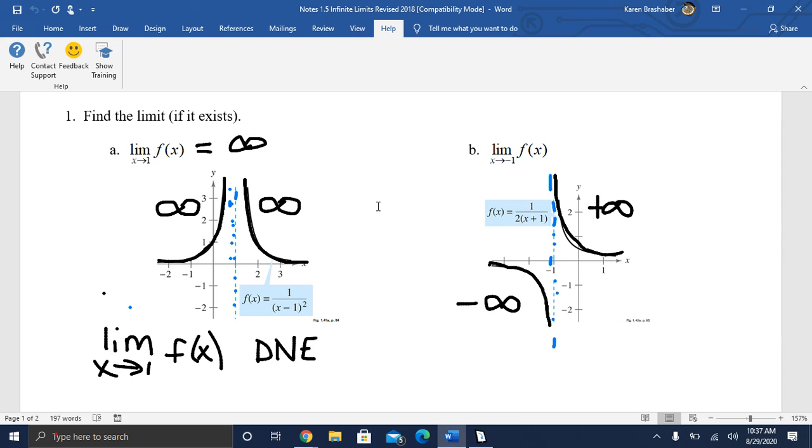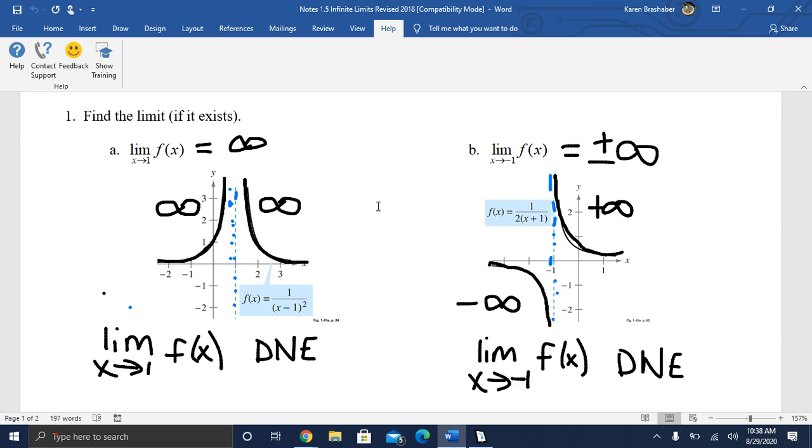And so as you look at the limit itself, the limit as x approaches -1 of f of x still does not exist. However, we can describe what is going on, and because it is going in both directions, I want to indicate that by looking at positive and negative infinity.